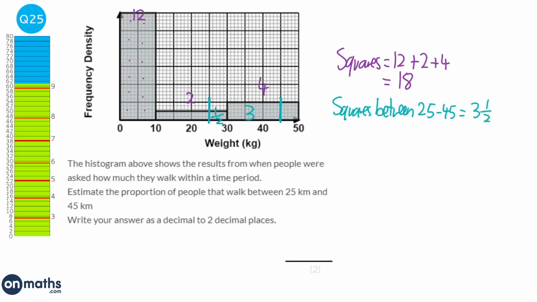Okay, so we've got 3.5 in total, or 3.5 out of a possible 18. So we just need to do 3.5 divided by 18 to work out the proportion, and that gives us 0.194, and so on. It wants 2 decimal places, so that would be 0.19.